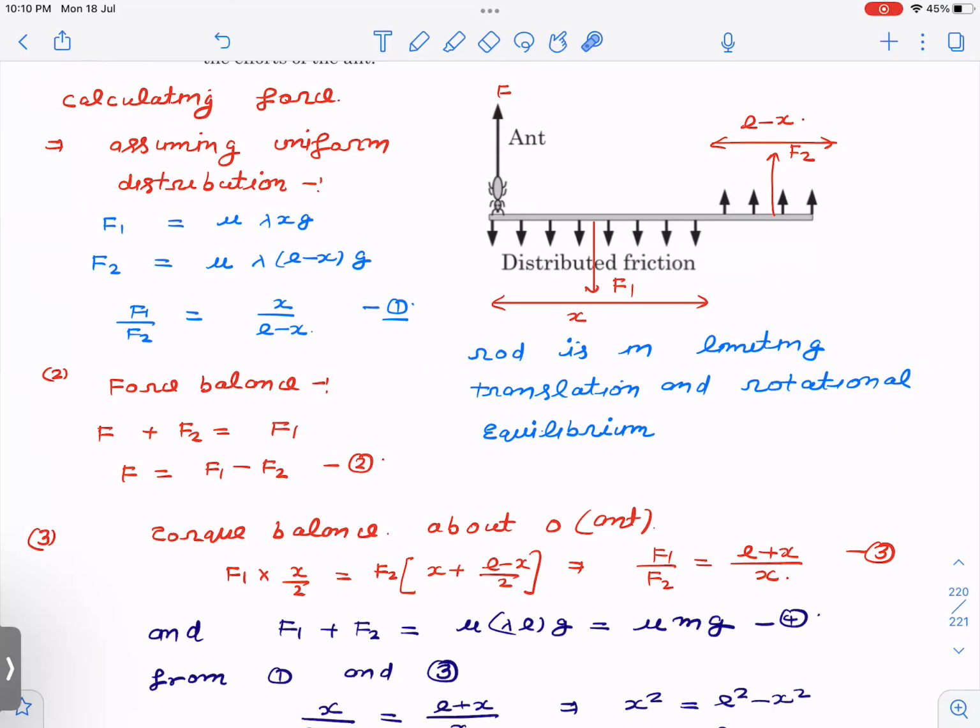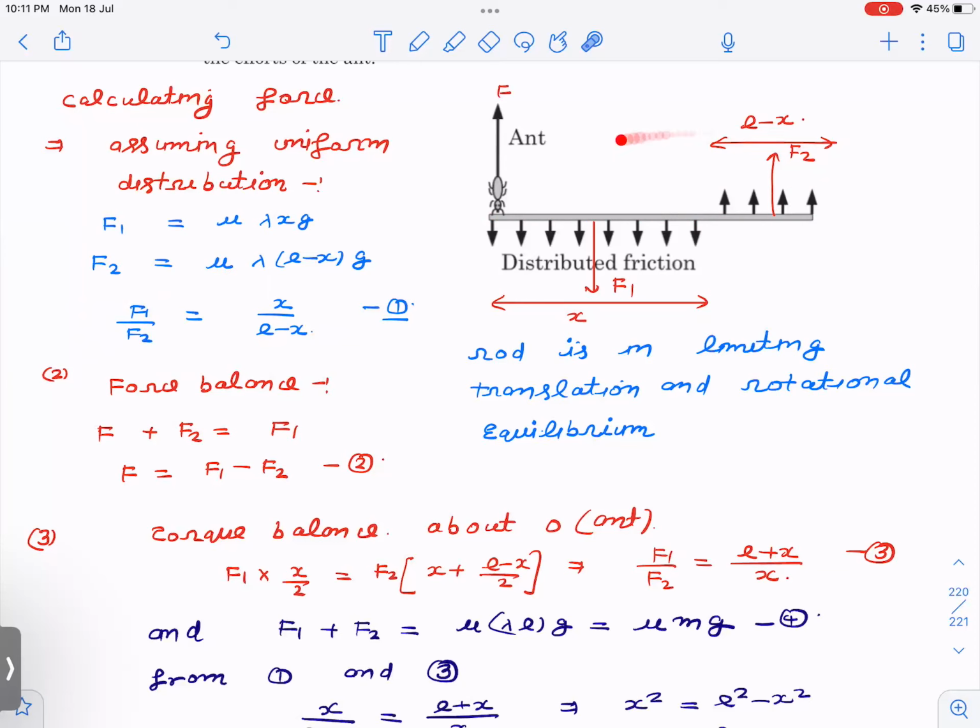Let us write a few obvious equations. F1, the friction force, will be mu times mg, where the mass of this part is lambda x, so F1 is mu lambda x g. And F2 is mu times the mass of that part, lambda times L minus x, where lambda is mass per unit length, times g. If I divide these two, I get F1 by F2 as x divided by L minus x.